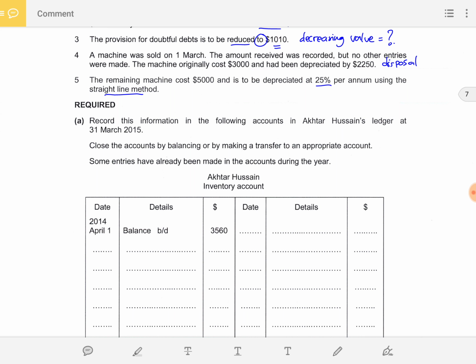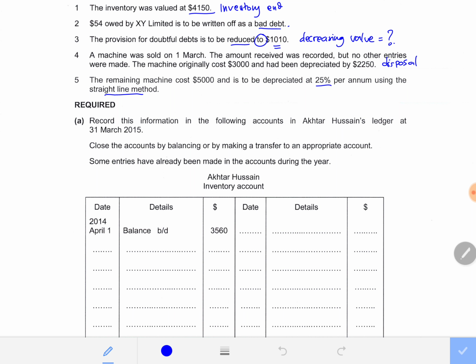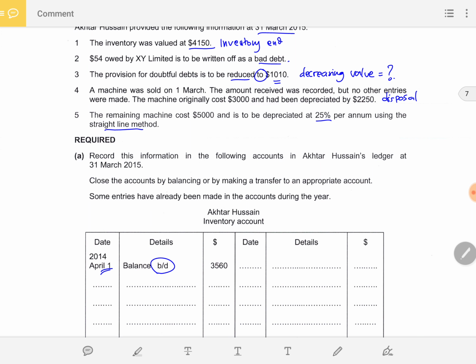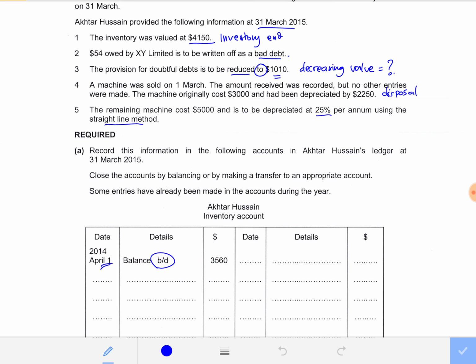In this case, you are already given the opening inventory, because in the inventory account you have a balance at the very beginning, 1st of April 2014, for 3,560. And then you are also given inventory at the end, 4,150. Now, the inventory account is really simple. You put IS on the credit side and IS on the debit side, and then balance CD on the credit side. Simple as that.